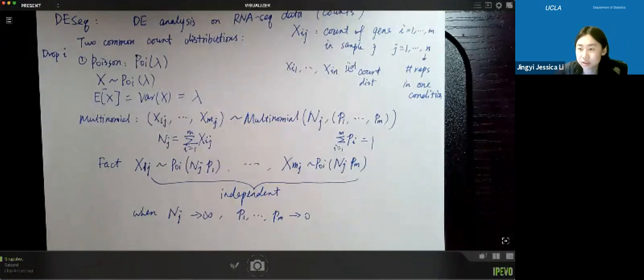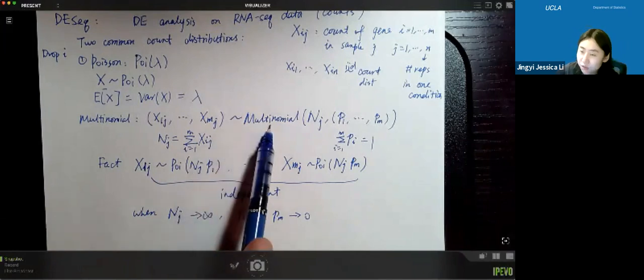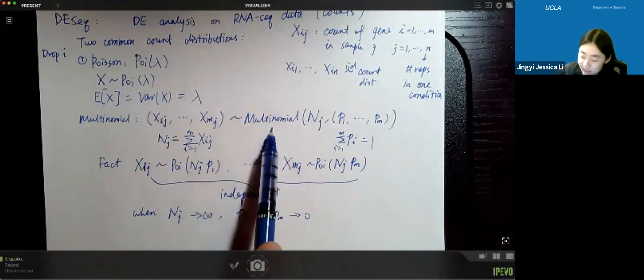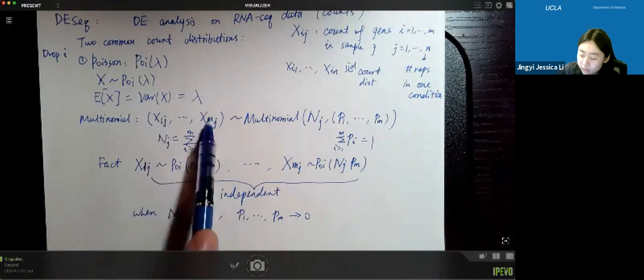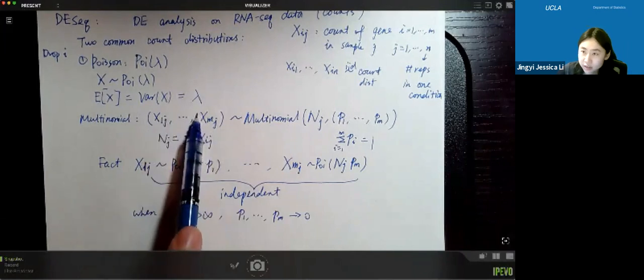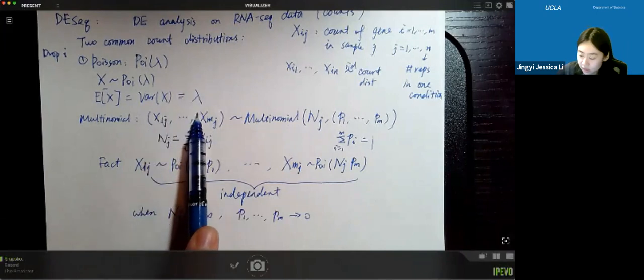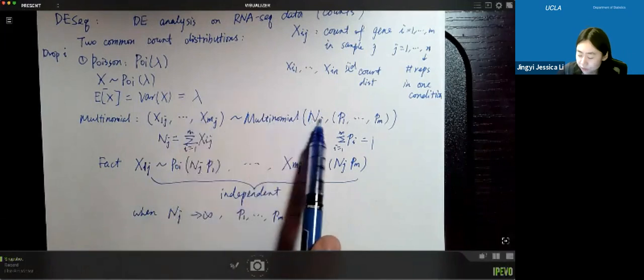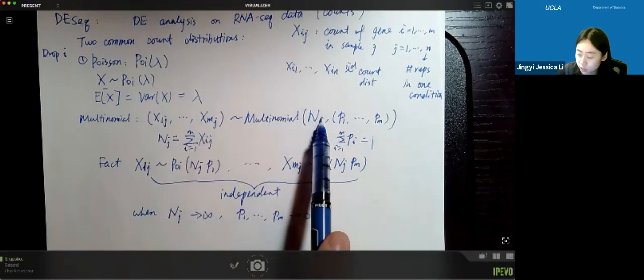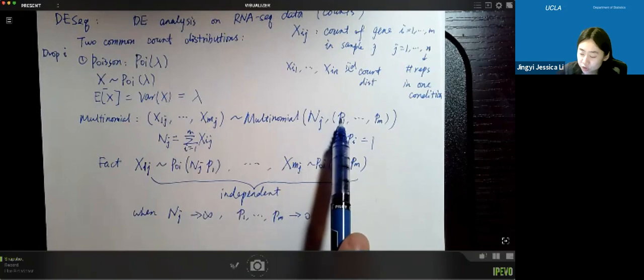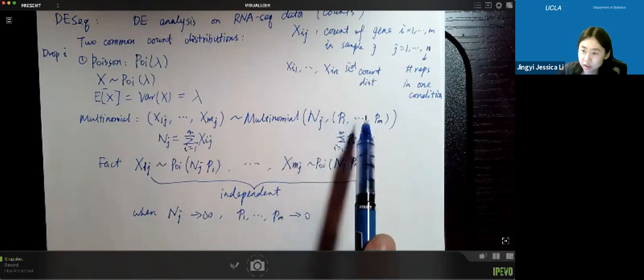And this is very interesting, and it can simplify our modeling quite a lot. Because if you recall this multinomial, clearly those n random variable counts are not independent, right? In the multinomial, if you assign a larger count to one gene, you have to reduce the counts of other genes.